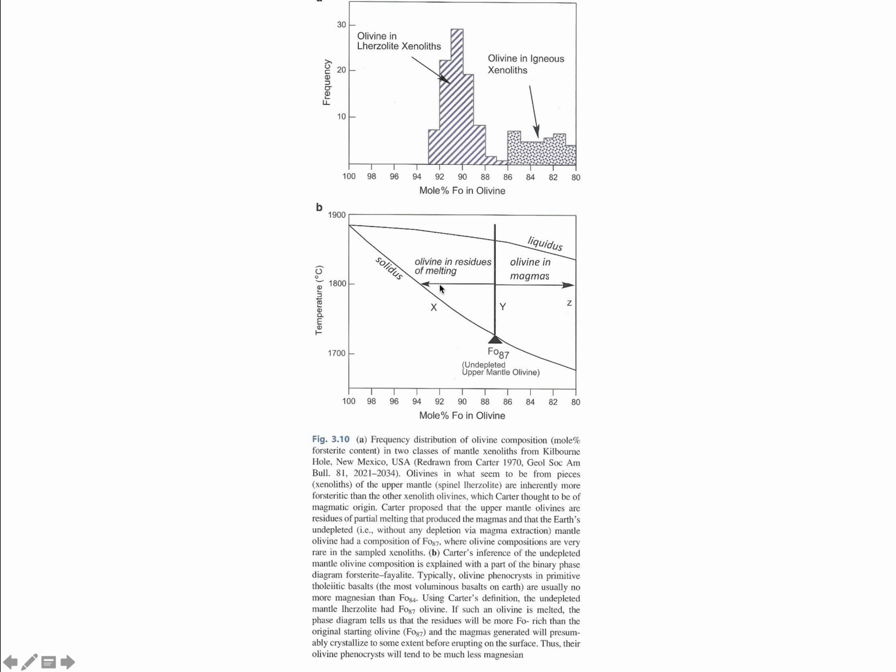Here we have the olivines in the residual melt: you have a magma, then olivines start to crystallize and sink to the bottom of the chamber, and therefore they formed very early, showing a higher XMg because they are formed at higher temperatures, whereas the olivines in magmas are formed at lower temperatures, and therefore show a lower XMg.